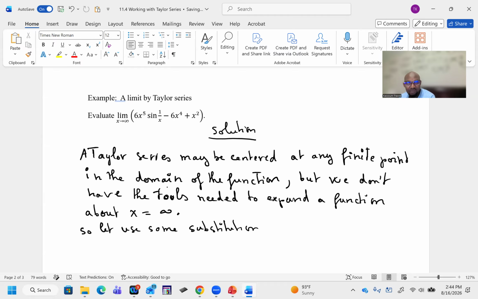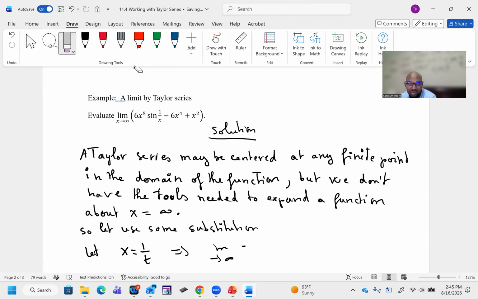So I would say, you can see we have sine of 1 divided by x, right? To get the limit going to a finite number, I will just let x be equal to 1 divided by t, which implies that as x approaches infinity, t will approach 0.